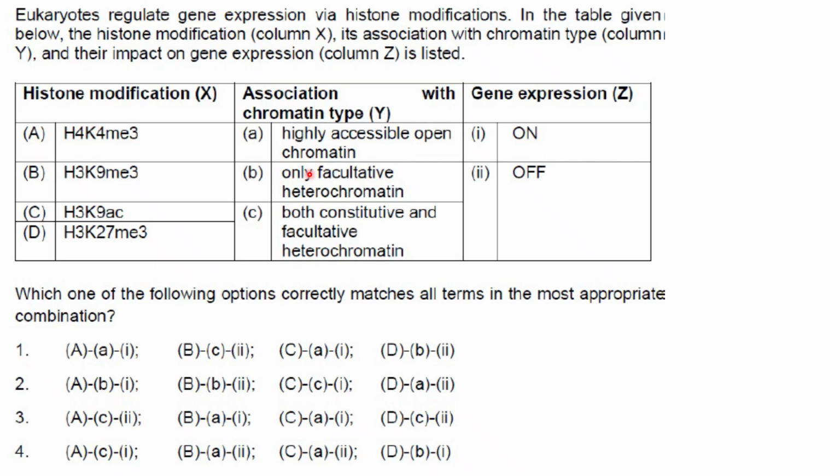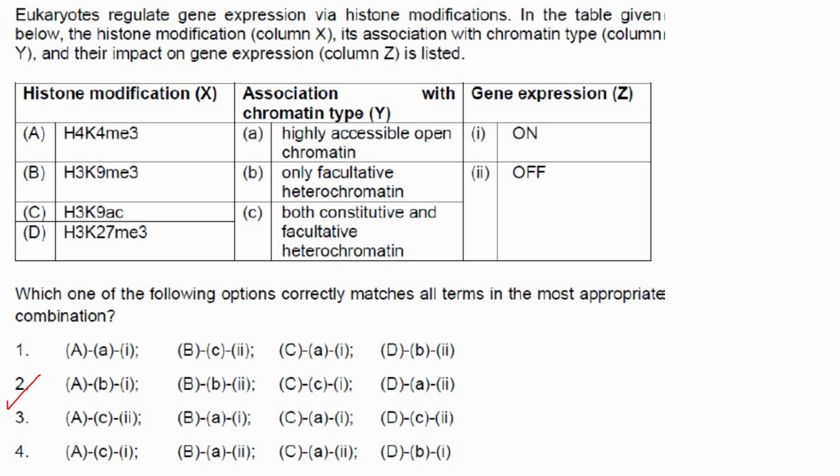That means it is highly accessible open chromatin. Highly accessible means maybe the promoter region of actively transcribed genes. So it is highly accessible open chromatin and gene expression is on. So A, the first answer itself, is the right answer.